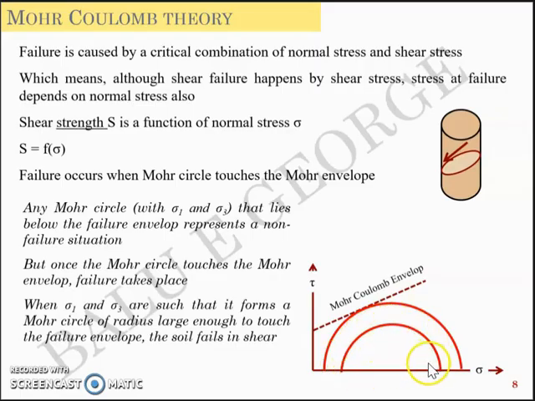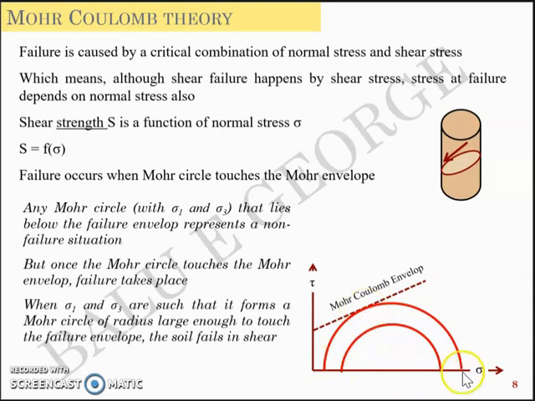But when you increase sigma 1 and decrease sigma 3, you'll get a bigger circle. So this bigger circle will have a bigger diameter and it will reach the Mohr Coulomb envelope, and it just touches the Mohr Coulomb envelope and it fails.